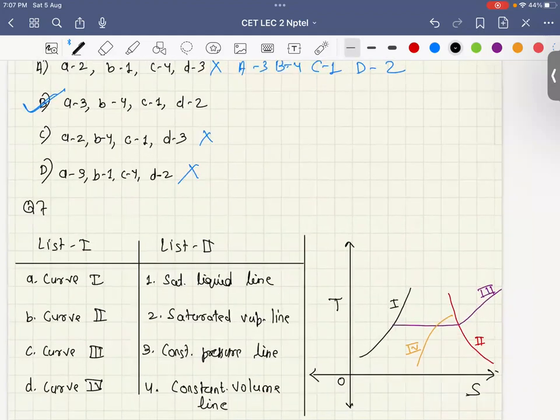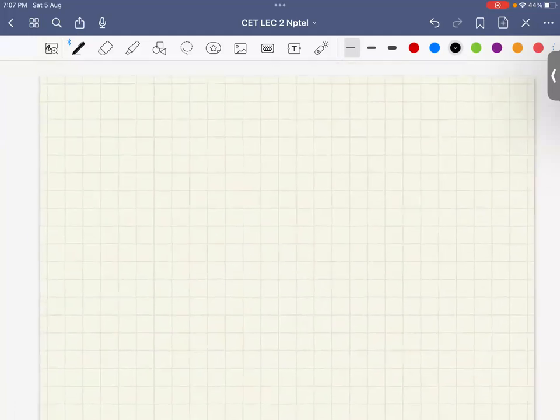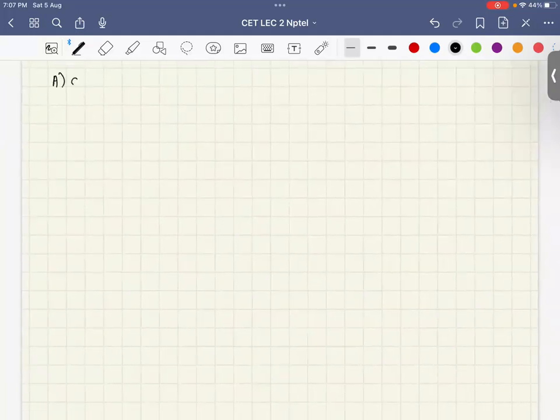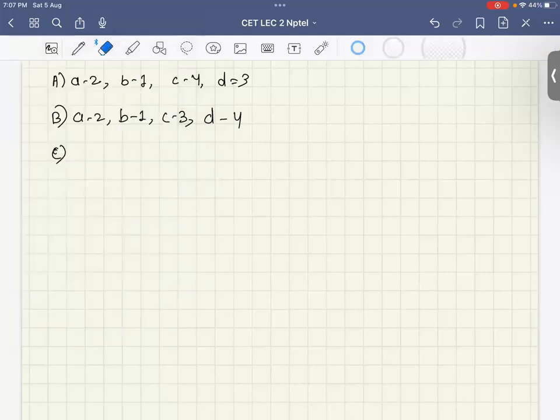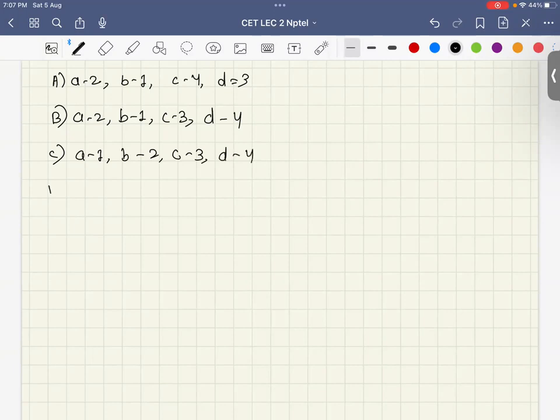Right? And the options for these are: A is 2, B is 1, C is 4, D is 3. Option B is A is 2, B is 1, C is 3, D is 4. Option C, A is 1, B is 2, C is 3, D is 4.